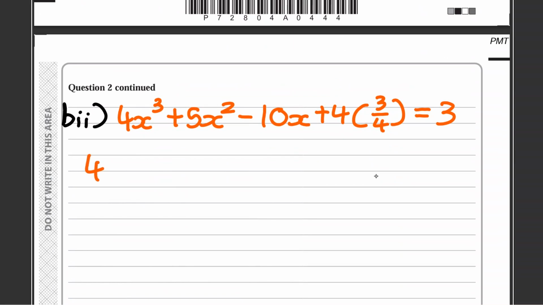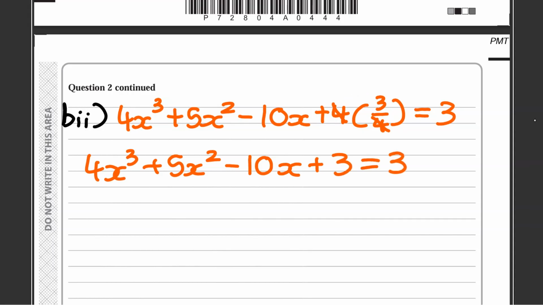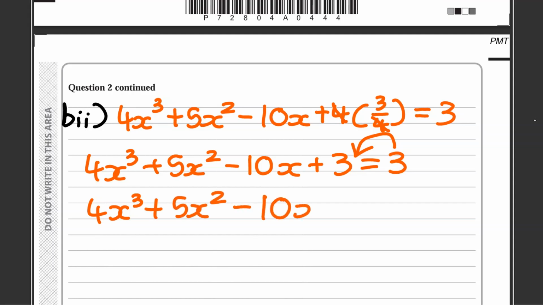So we can do some simplifying. So we have 4x cubed plus 5x squared minus 10x plus, and then we have 4 multiplied by 3 over 4 here. This 4 will cancel out. This 4 denominator just leaves us with 3, and this is equal to 3. And then move this 3 to the other side, and this will cancel out this plus 3 here, which just leaves us with 4x cubed plus 5x squared minus 10x is equal to 0, okay?